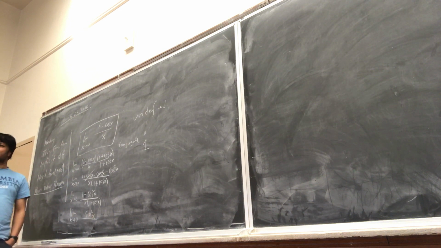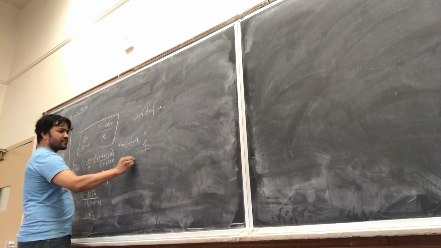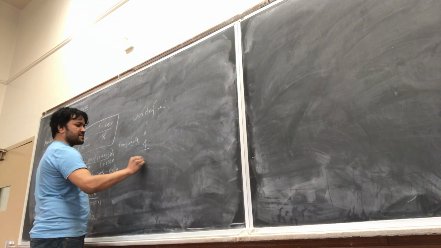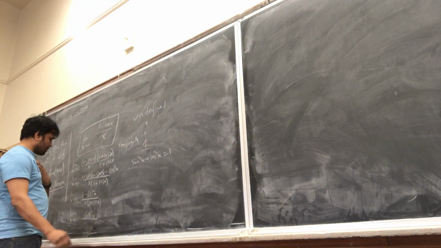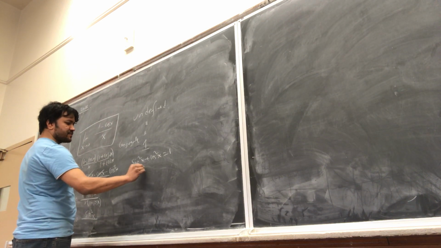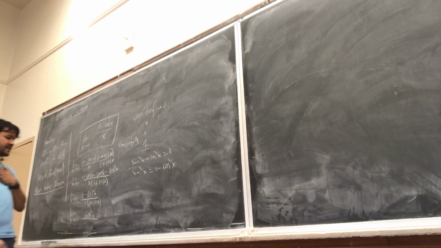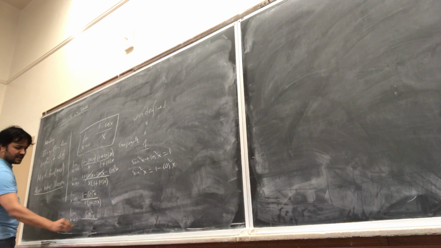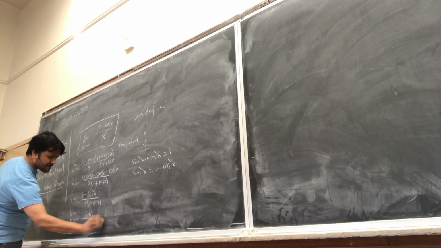Can I replace 1 minus cosine squared x by sine squared x? Yes, because sine squared x plus cosine squared x equals 1, so sine squared x equals 1 minus cosine squared x. For that reason we can do that.